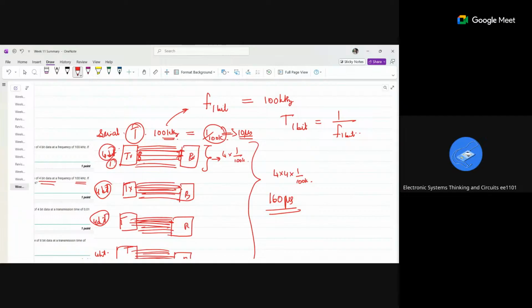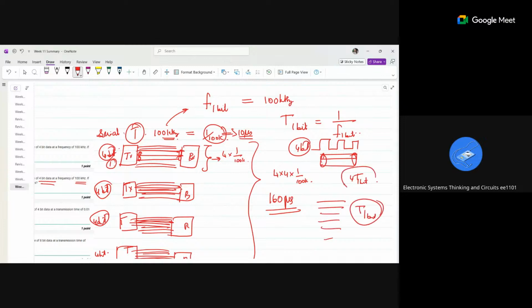Then, if it is serial communication, there will be only 2 wires and data will be transmitted sequentially, one by one. If it is 4 bits, it will be 4 into T1 bit. Whereas in parallel communication, all will be transmitted together, so T1 bit is the time taken.